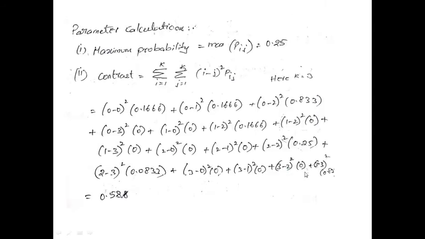As it is a 4x4 matrix, I have 16 elements, or 16 cases, for which I need to find the contrast over the entire GLCM. With proper substitution of i and j values, I get 0.588 as the contrast for the given texture.